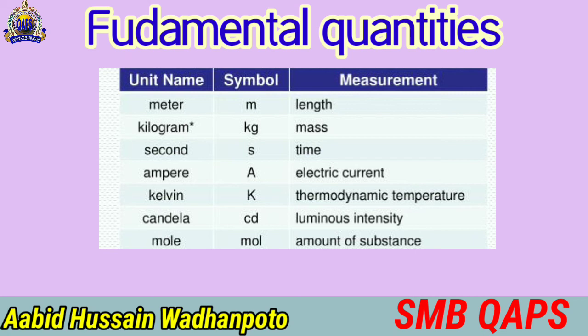So these were the different standard units of the fundamental quantities: length, mass and time. Remember that length has a unit called the meter, mass has a unit called the kilogram, and time has a unit called the second.